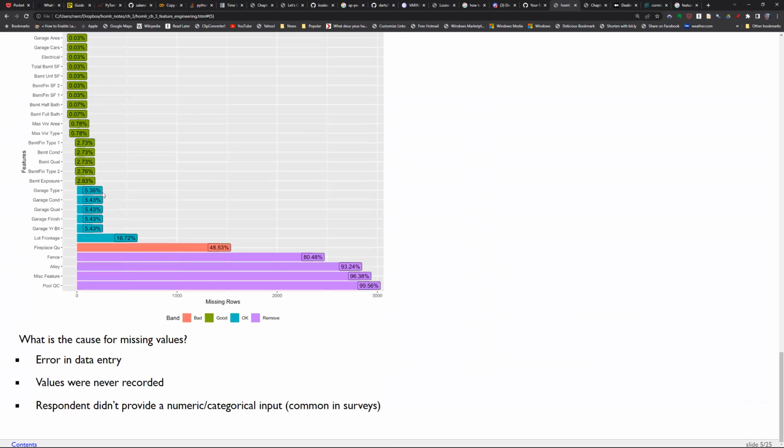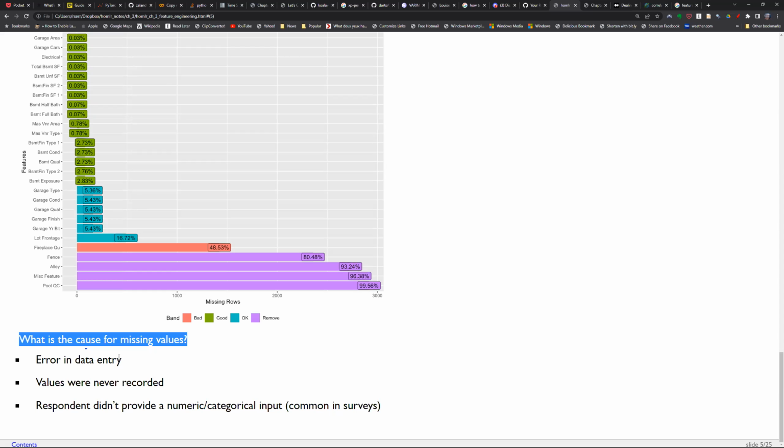Okay, so one thing that we have to make sure that we understand before we do anything trying to resolve this missing values conundrum is what is the cause for missing values? And you have to do some research and also talk to your experts, the ones that collected the data and the ones that know more about how the process was, especially when you are dealing with a survey.